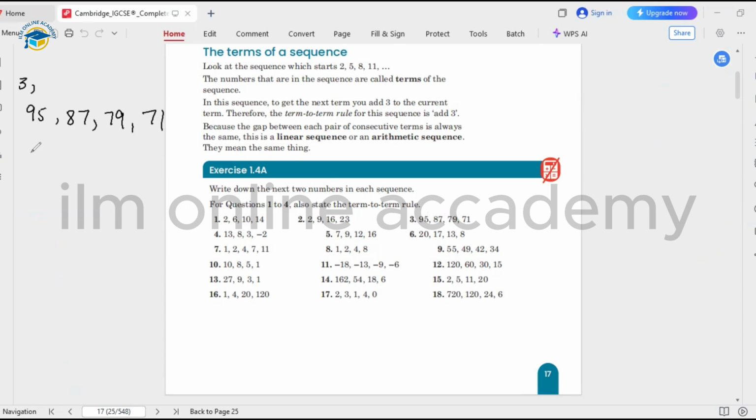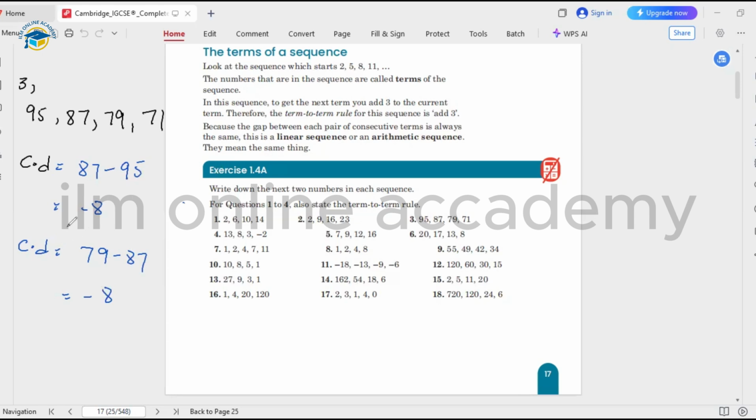First of all, let's find the common difference. The first common difference is 87 minus 95. Here the common difference will be a negative number because 95 is the greater number and it is being subtracted, so negative 8 is the common difference. Next, one more common difference: from 79 we subtract 87, and again we get negative 8.